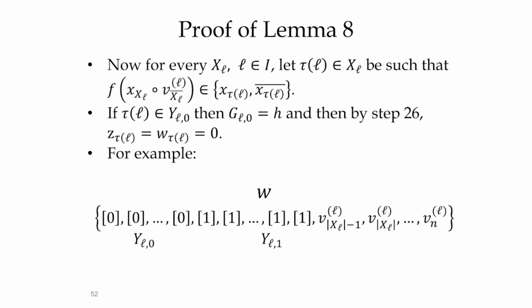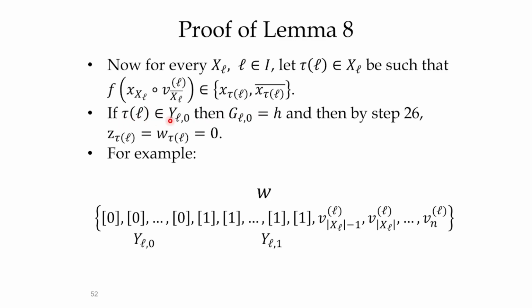Now for every capital XL, where L is in I, let tau of L in capital XL be such that f of X subscript capital XL concatenation V subscript capital XL bar powered by L in X tau of L and X tau of L bar.